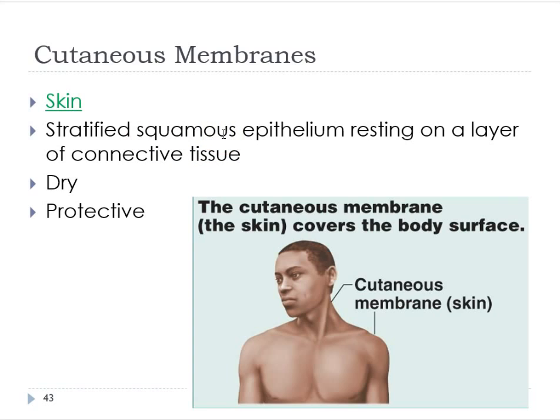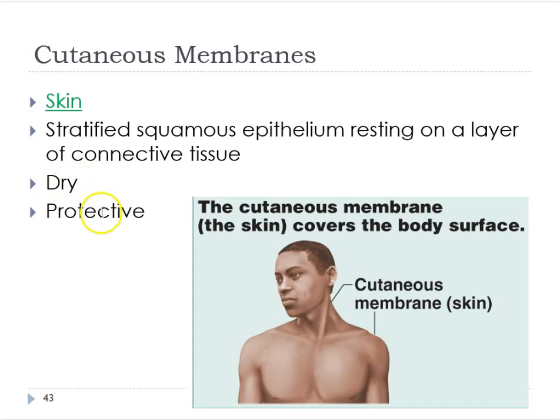There was squamous, which was that squished type, and then just to review, cuboidal was the square, and columnar was that sort of column-shaped one, and then epithelial. So it's telling us the amount of cells or how they're lined up, the shape of the cells, and where they are. Stratified, squamous, epithelium. And they rest on a layer of connective tissue, and that connects the epithelial to muscle.